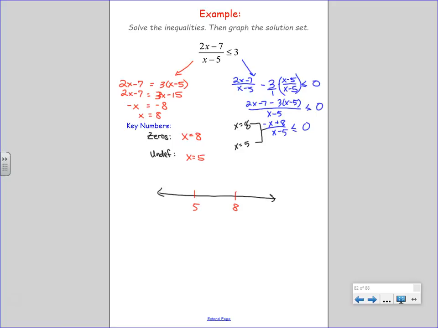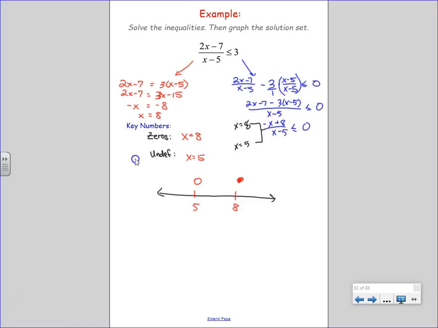Undefined, it can't even be there. The function can't be there, so he's always going to be open. Undefined points always open. They don't exist. How about 8? Why closed? Because it can be 0. It can equal 0 if we were to do it the wrong way. So since it's an or equal to, I close it at 8.